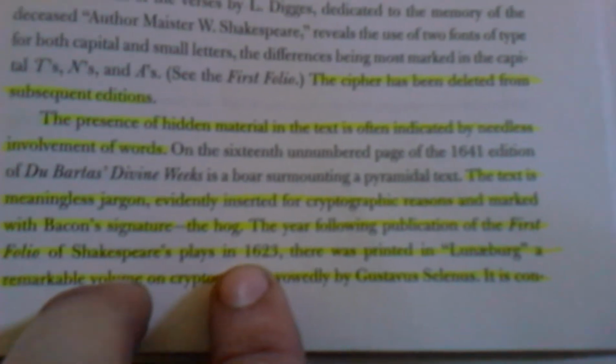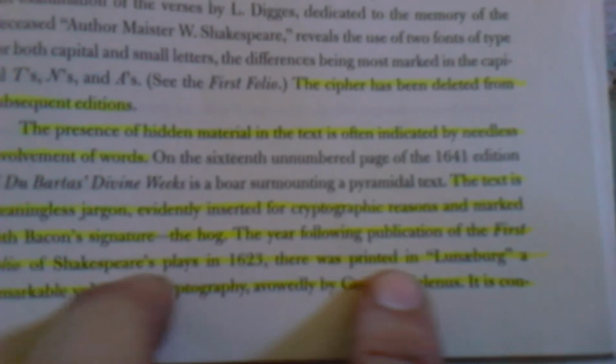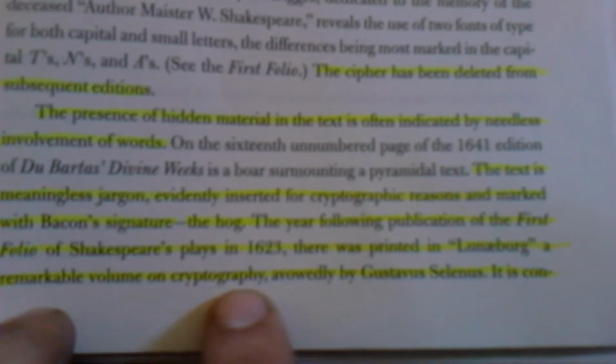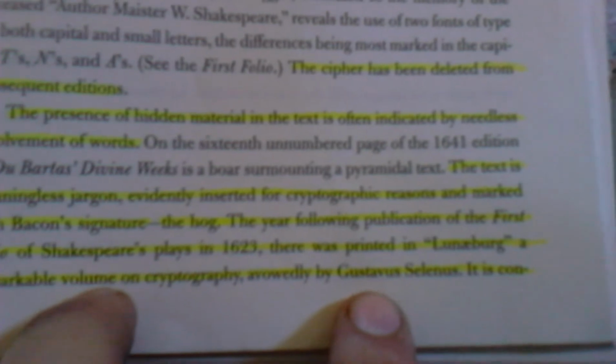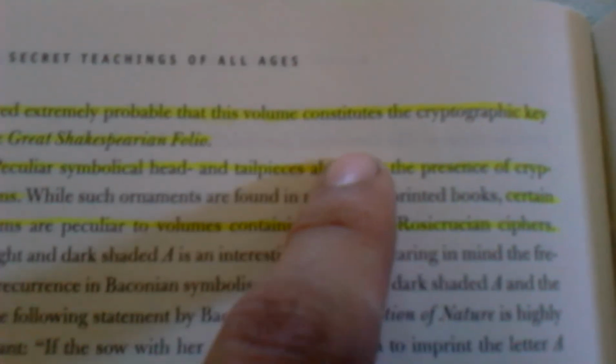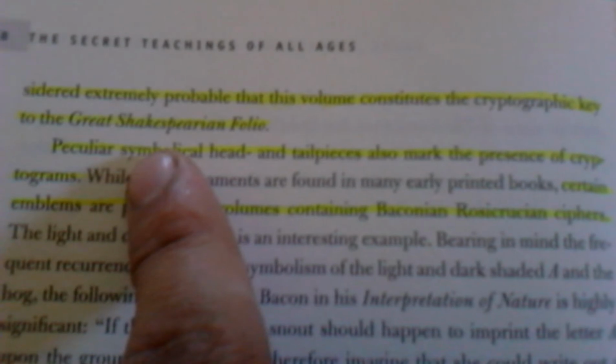It says, the year following publication of the first folio of Shakespeare's plays in 1623, there was printed in Lauenburg a remarkable volume on cryptography, avowedly by Gustavus Selenus. Okay, so this guy printed a volume about cryptography, and it is considered extremely probable that this volume constitutes the cryptographic key to the great Shakespearean folio.